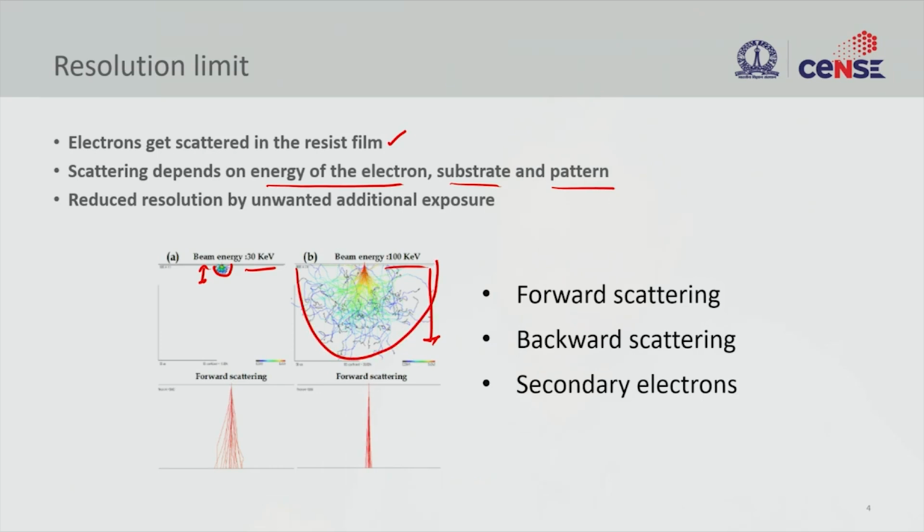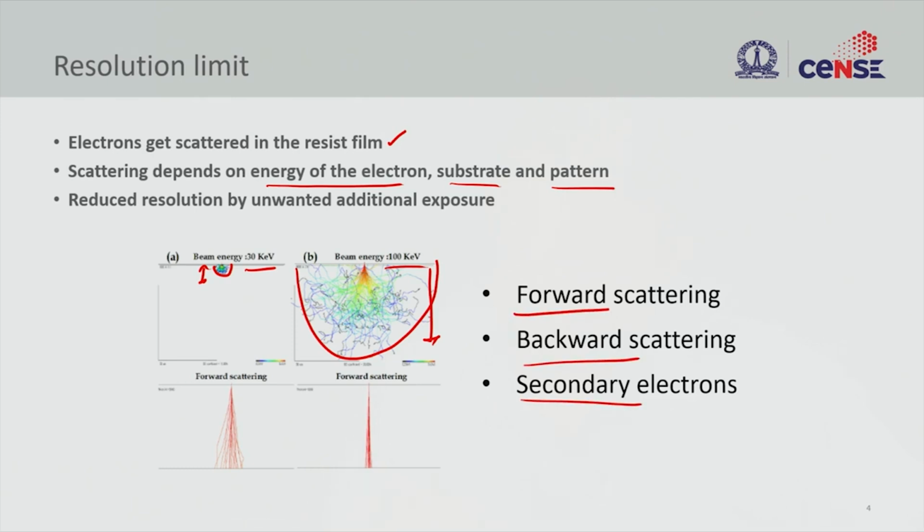So you have to think about whether your features will come out better with low energy or high energy. In this case, lower energies are always better compared to high energy. The real reason for that is not just the forward scattering, it's about the backward and secondary scattering as well.